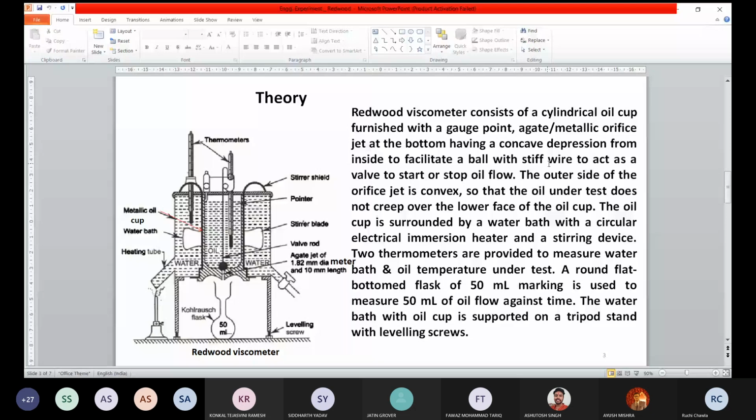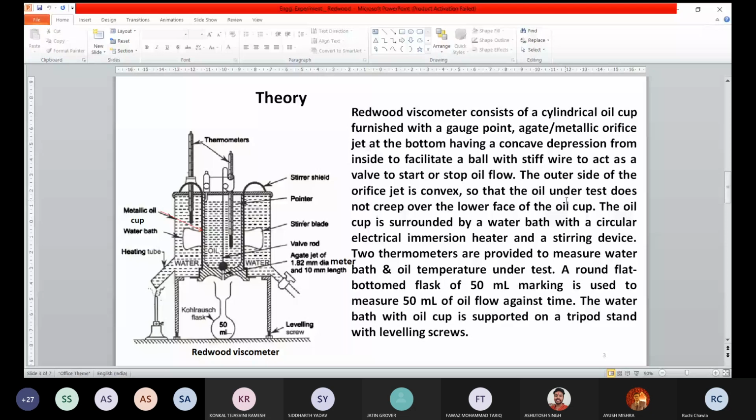So why has this been made concave? To facilitate this ball so that in whatever position you leave it, it will come back to the center only. The outer side of the orifice jet is convex so that the oil under test does not leak over the lower face of the oil cup. Of this also I have told you already.